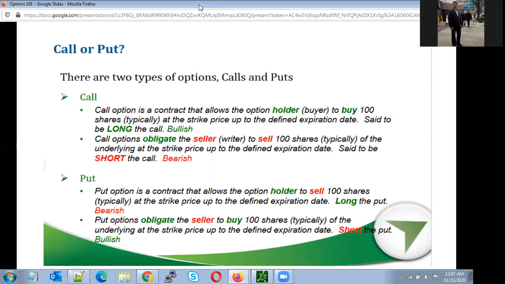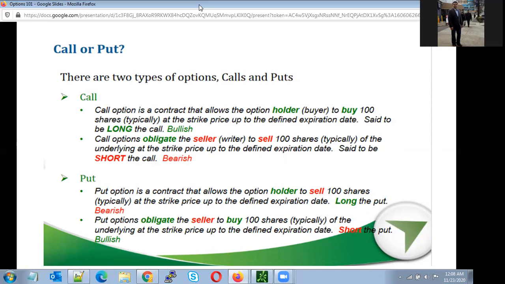Now, what is a call option? It is a contract that allows the option holder, the buyer, to buy 100 stocks. So Apple is at 150 right now, and I think, okay, I want to buy the stocks in 2023, or next month, or 6 months after.